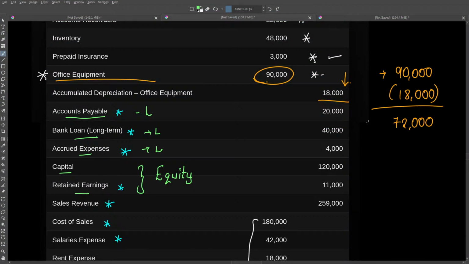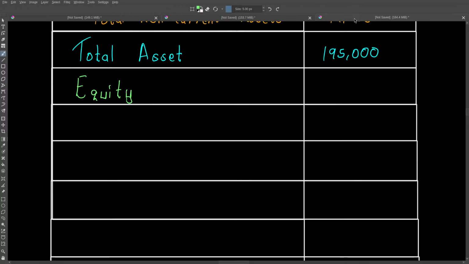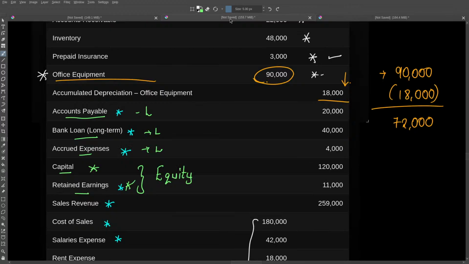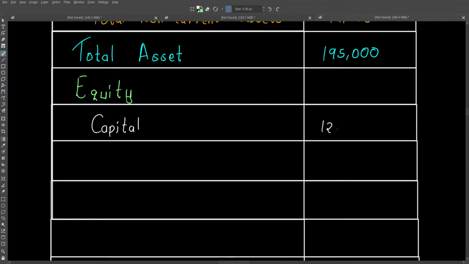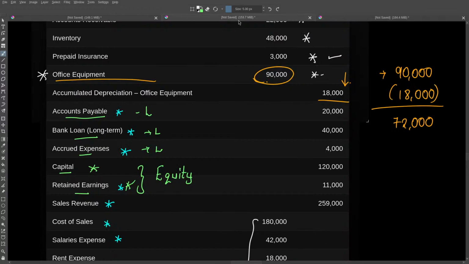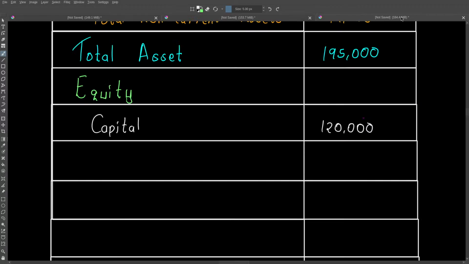So here we have capital and retained earnings. Let's start with capital. The capital balance as of 31st December 2025 is 120,000. We also have retained earnings of 11,000.